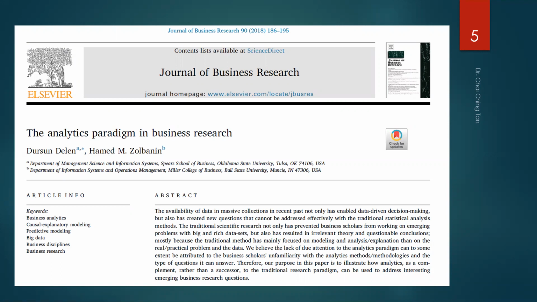The data is much bigger in scale, and maybe bigger and faster in speed too. But it also has resulted in irrelevant theories and questionable conclusions, because whichever way we do it, we get our conclusions based on our methods. So this author is trying to demonstrate there are limitations in methodology, therefore there will also be limitations in the conclusion.